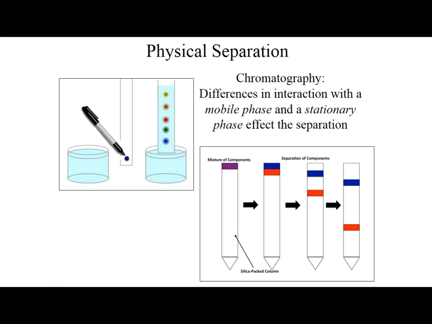The red component interacts more favorably with the mobile phase, which is why it travels quickly with the mobile phase as it travels down by gravity. The blue component is more attracted to the stationary phase, which is inside the column, and it doesn't travel as quickly. But what's important is that you have separated them.